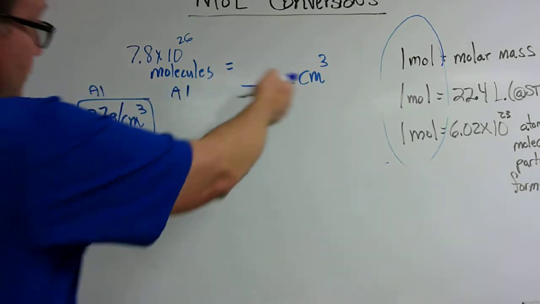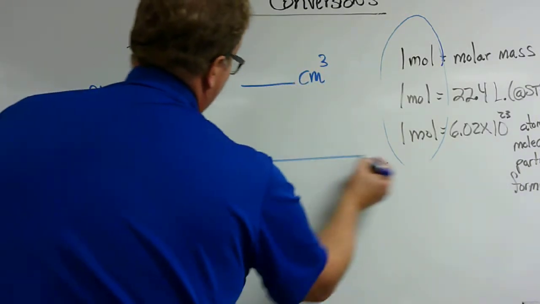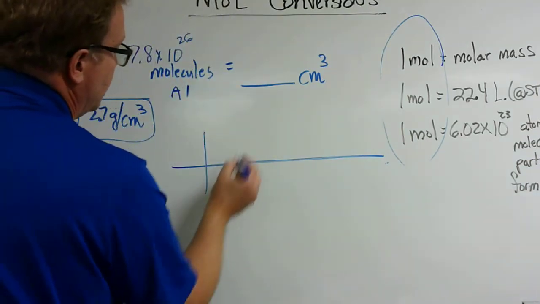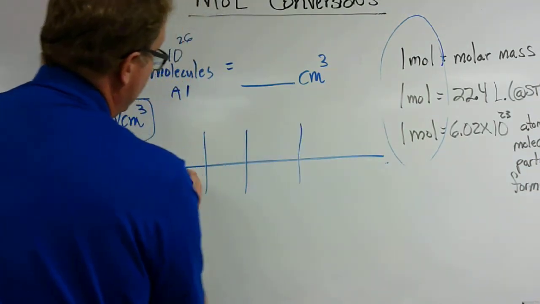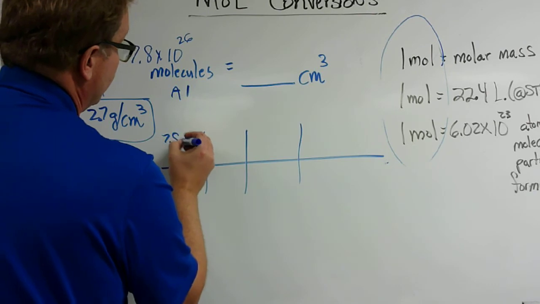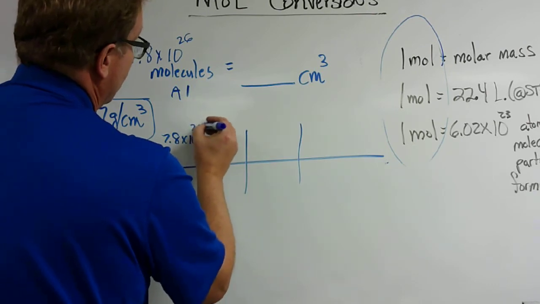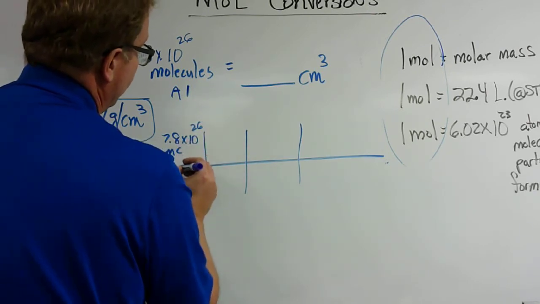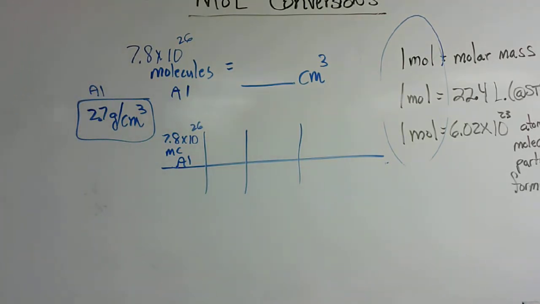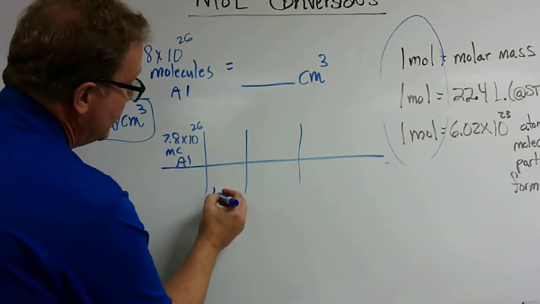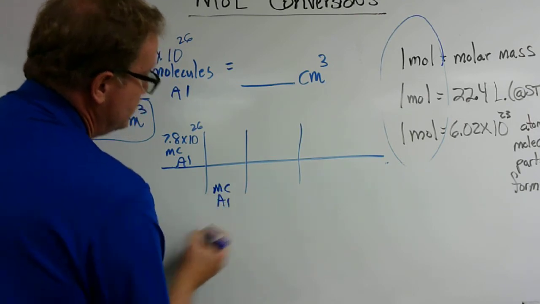In order to get to this unit here, I'll draw my numbers here. Sometimes you may be unsure of how many steps it is, but again, I just follow pattern. I'll put MC for aluminum. Let's follow pattern. What goes on the bottom? MC of aluminum.